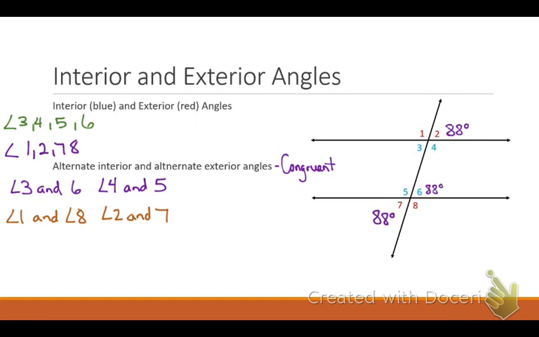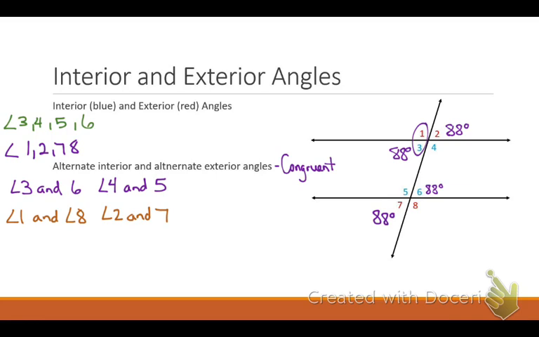Which angle is alternate interior to angle 6? Angle 3. And do you also agree that it's vertical to 2? And it's the same. So even alternate interior and exterior angles are now tying together. 3 and 1, we said are what kind of angles?